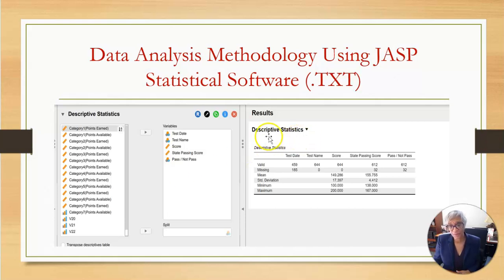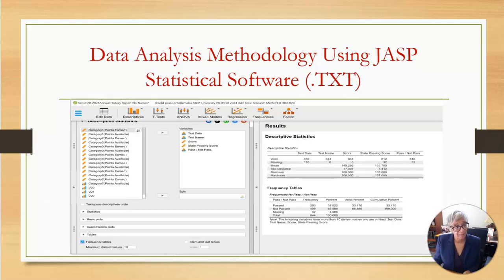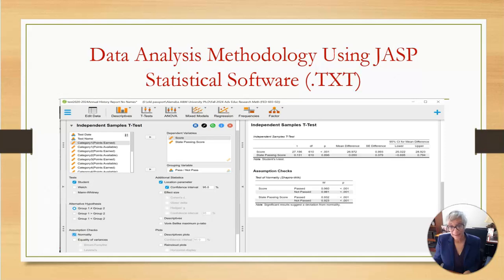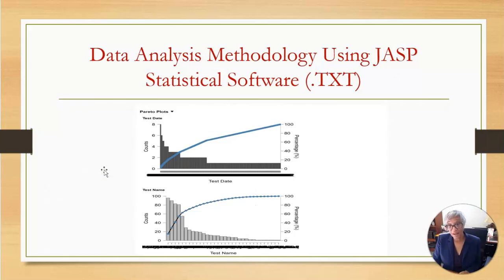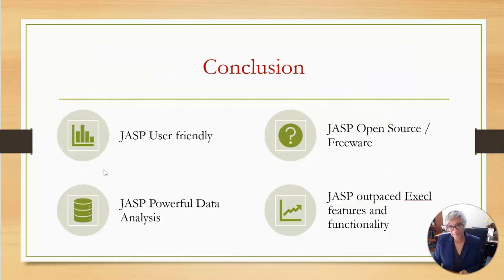So the first view that I have is the descriptive statistics. I have the frequency tables, the one-sample t-test with assumption checks, and Pareto charts for the test data and the test name.